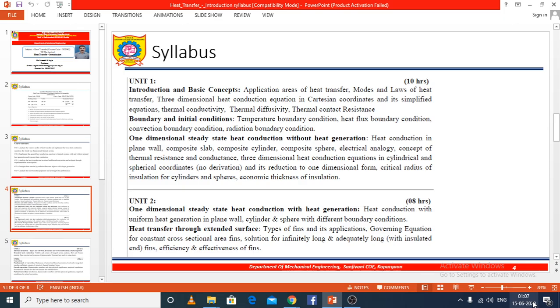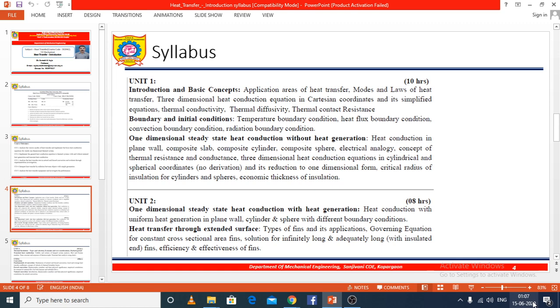We'll study the three-dimensional heat conduction equation in cylindrical and spherical coordinates. Along with this, we'll study the critical radius of insulation for cylinders and spheres and economic thickness of insulation. This concept is used for the thickness of wires.